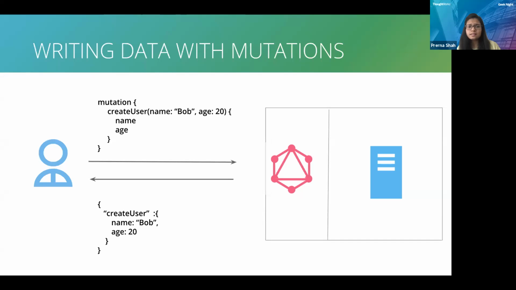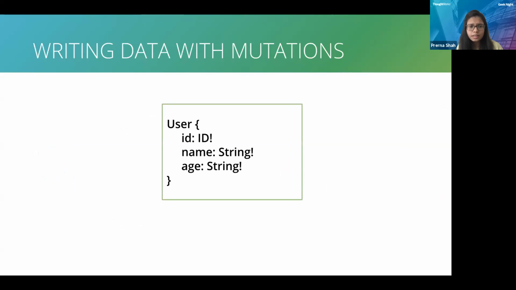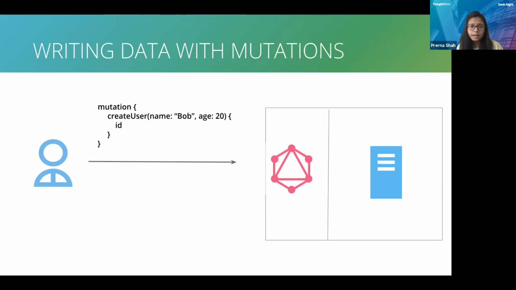Now you might consider this to be a very trivial example, isn't it? Like the client is already sending some data and it is indeed expecting just the same data. So let's just do a little tweak to our user type. Let's just add ID to it. And when I create my mutation, I'll create a mutation with the data that I'd be sending to the server.